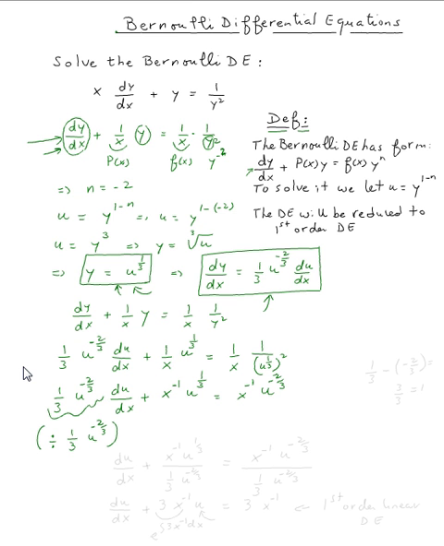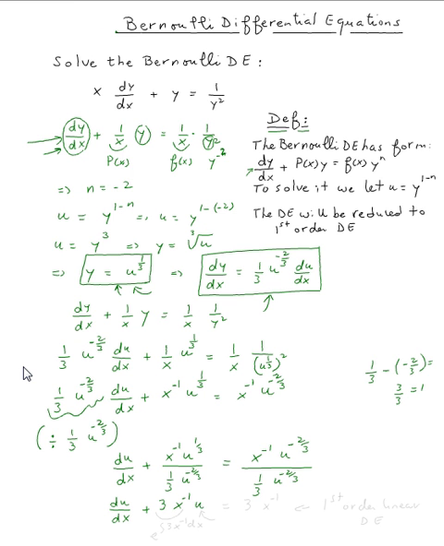If we do that, we get du/dx plus, let me do it in two steps, x^(-1) u^(1/3) over 1/3 u^(-2/3), equals x^(-1) u^(-2/3) divided by 1/3 u^(-2/3). So du/dx plus, dividing by 1/3 means multiplying by 3, so let's write 3. x^(-1) we're not going to touch, but u^(1/3) over u^(-2/3) means you do the exponent of the top minus the exponent of the bottom, and this will be 3 over 3, which is 1.